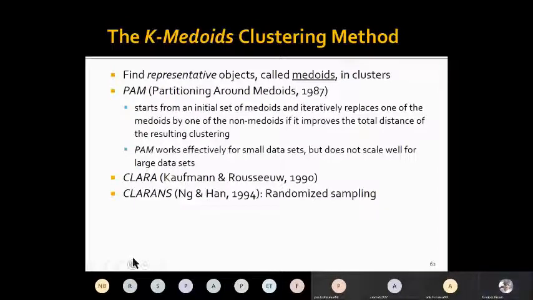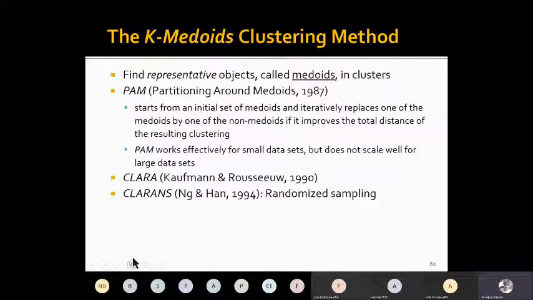The outlier problem and this synthetic centroid problem, that means we do not have a real data point as a centroid, those two problems have been solved in K-medoid clustering methods, in which case instead of using averaging values, we select individual data points as cluster centers, and we iteratively replace medoids by one of the non-medoids if it improves the total distance of the resulting cluster.